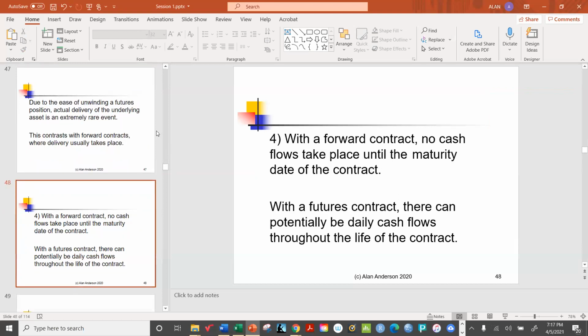With a forward contract, no cash flows take place until the maturity date of the contract. A futures contract requires us to deposit funds, known as collateral, into a margin account in the beginning, and then every day the value of our position is recalculated.